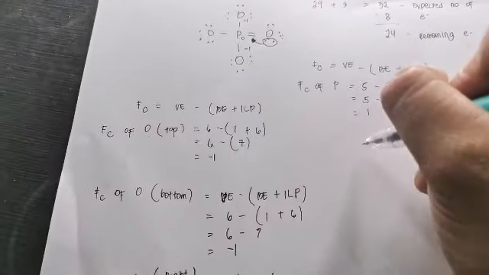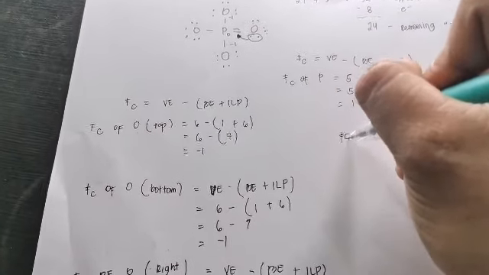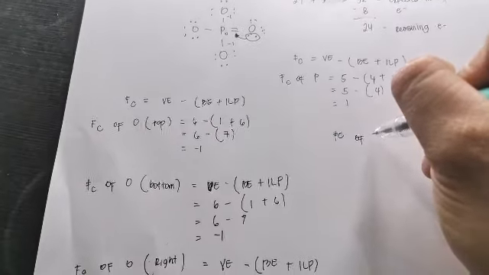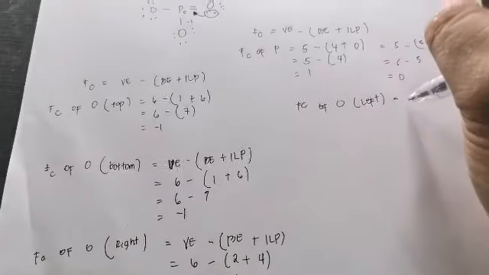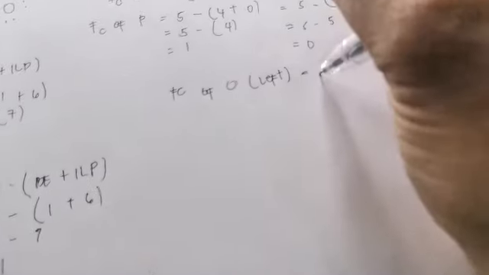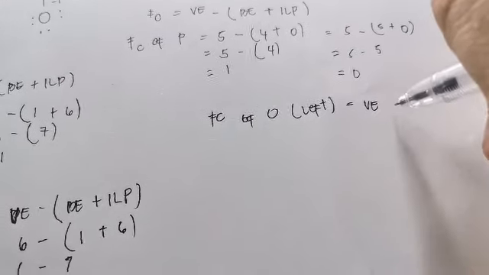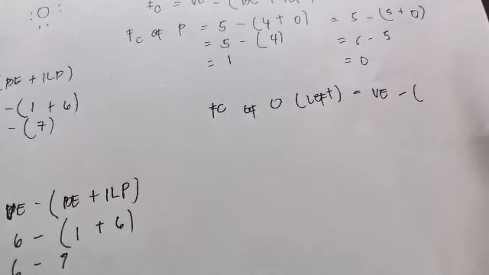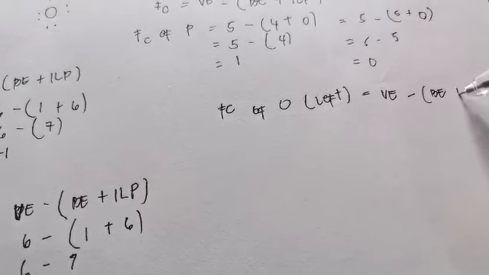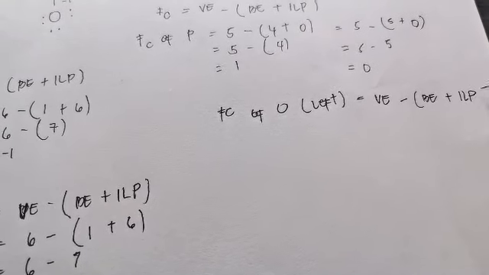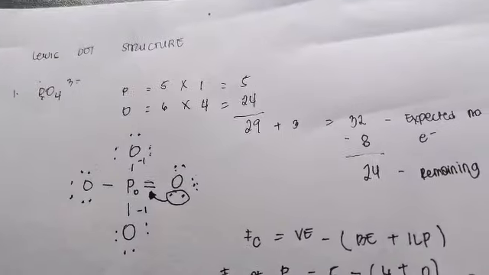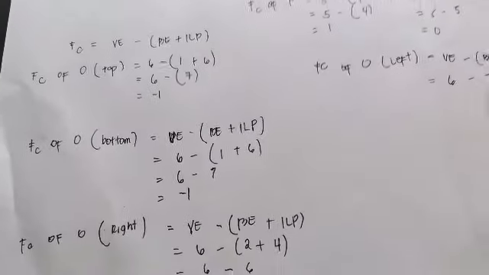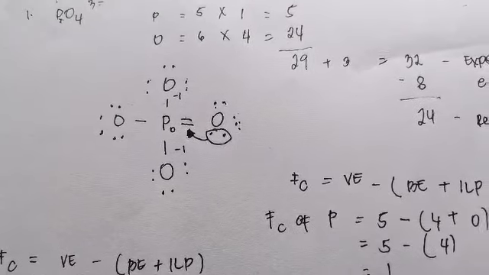So, kukunin na po natin si formal charge of oxygen in the left position. Okay, you are going to use the same formula. You have valence electron minus the bonded electrons plus the individual lone pair. Okay, so take note that valence electron of oxygen is 6 minus the bonded electrons. How many bonded electrons do you have?